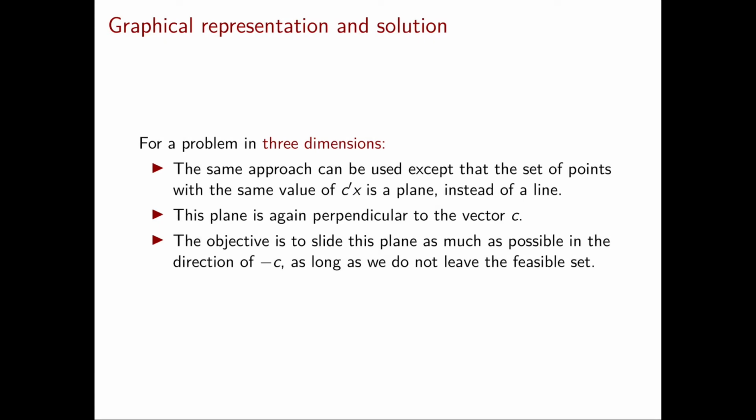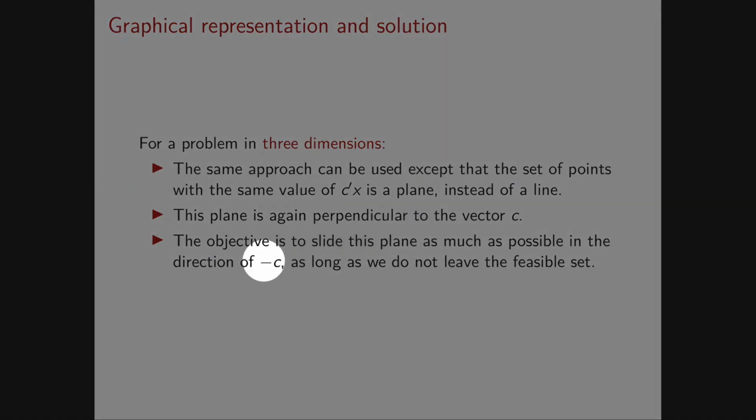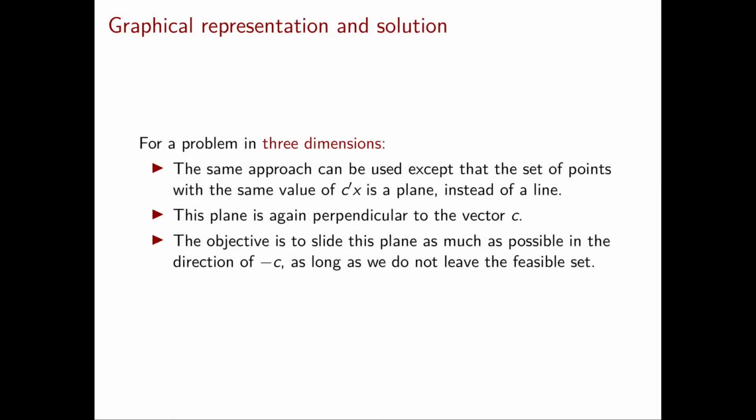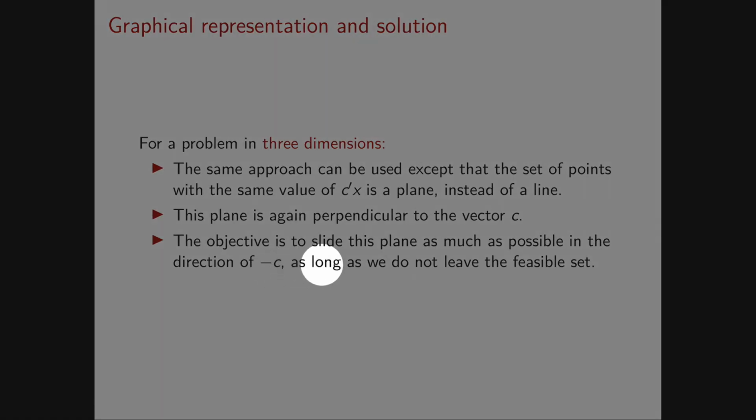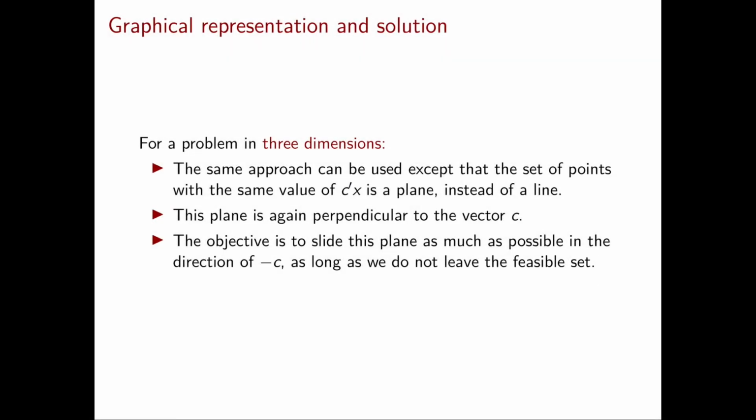Similarly to the 2-dimensional case, the plane will be perpendicular to the vector c, and so the objective will be to slide this plane as much as possible in the direction of minus c, so again in the opposite direction with respect to the arrow represented by the vector c. And we're going to do this as long as we don't leave the feasible set. So we're going to stop just before leaving the feasible set.